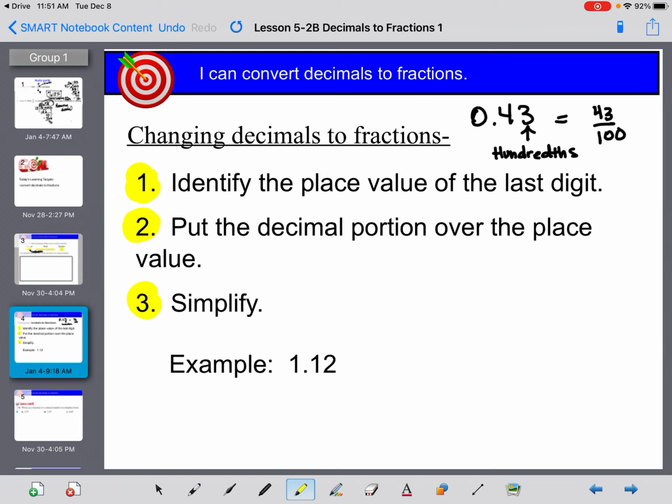Let's try this one together. It's the next box in your notes. Write 1 and 12 hundredths as a mixed number in simplest form. The 1 is not part of the fraction. That is the whole number that goes big and out in front. Then 12 goes over 100 because the 12 is in the hundredths place.